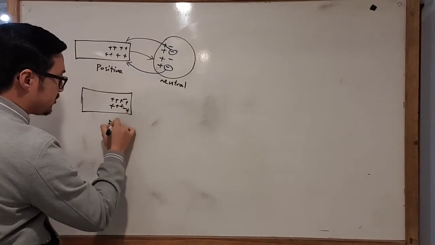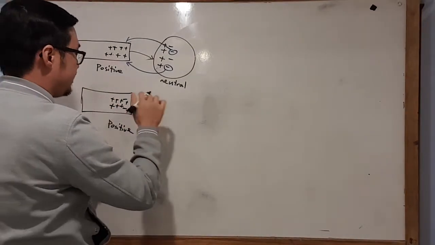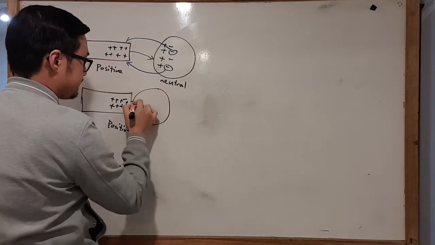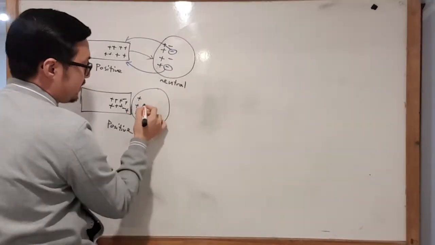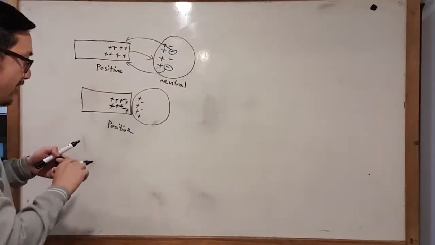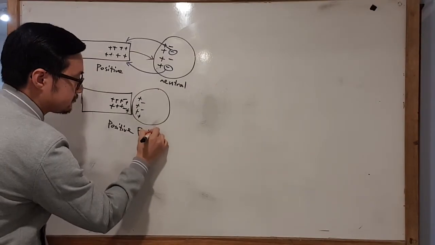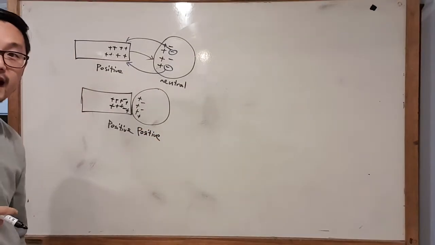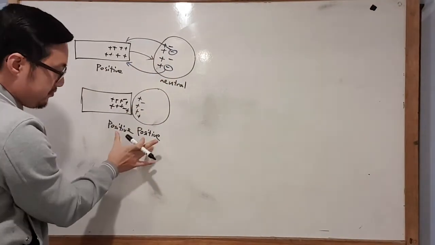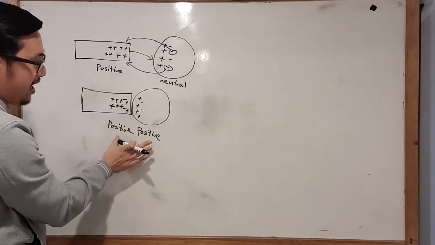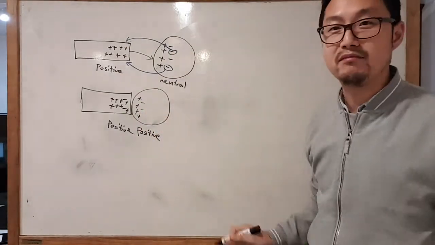Now let's look at this object touching it: 1, 2, 3, 4, and there will still be 2 negative charge, and now this object has become positive as well. So this is the reason why if something positive touches a neutral, this becomes positive and that is positive as well.